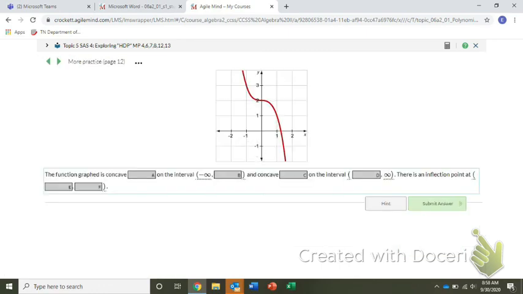Number 12. We'll do number 12 together. The function graph is concave blank on the interval negative infinity to blank. So if it's negative infinity, we're going from here to here.